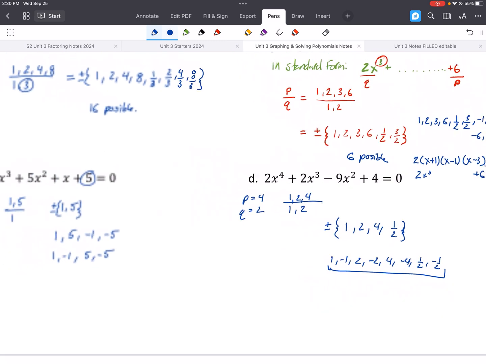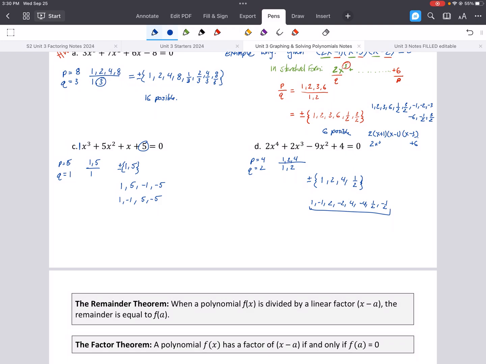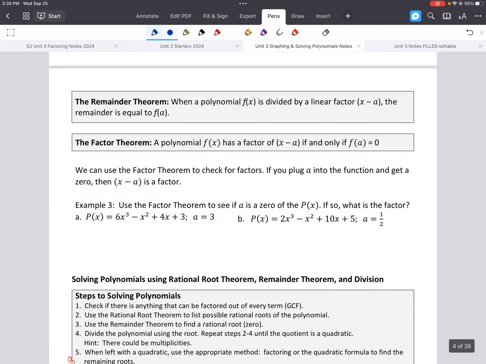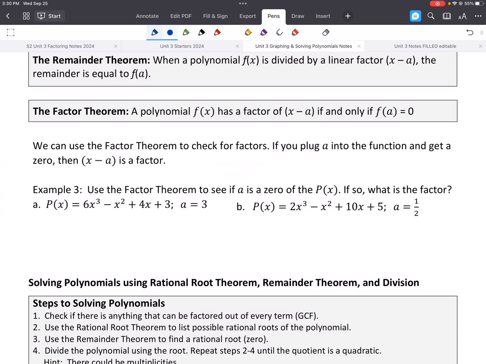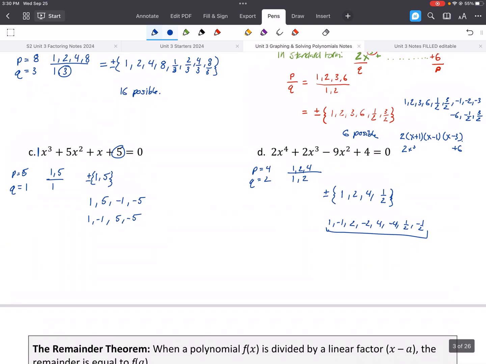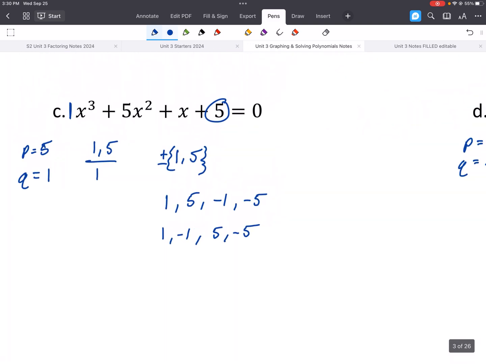All right, so now let's combine what we just learned. I'm going to spend a second on this. If we want to check if one of these is a root, we have two choices. One, we could just take that 1 and plug it in like this and see if you get a 0.